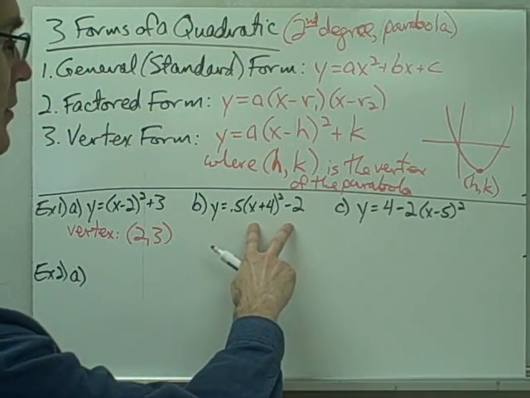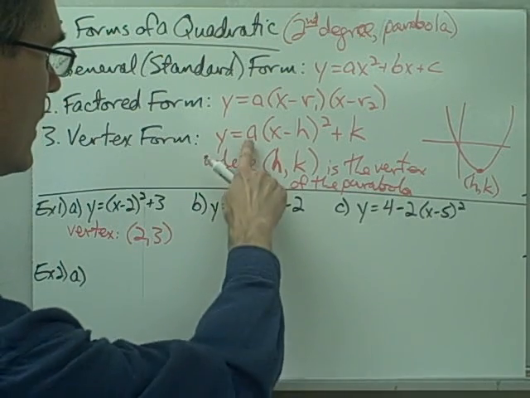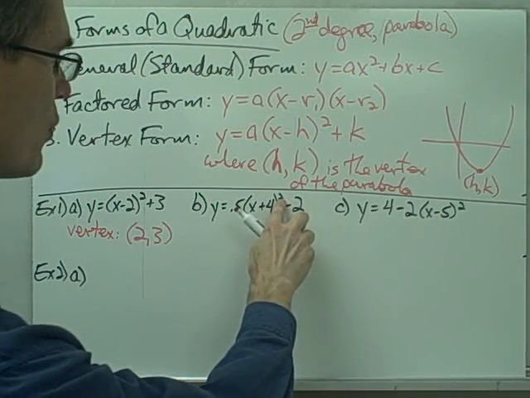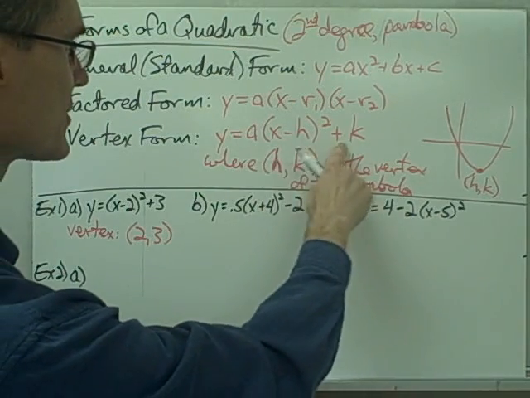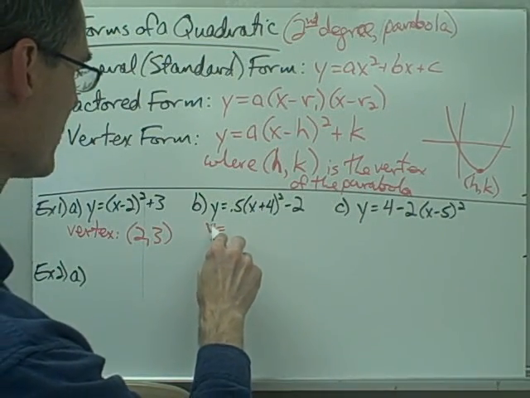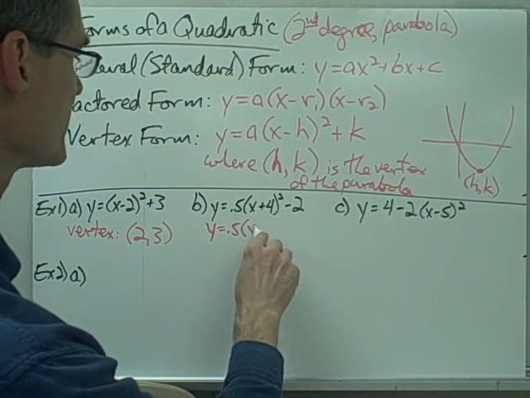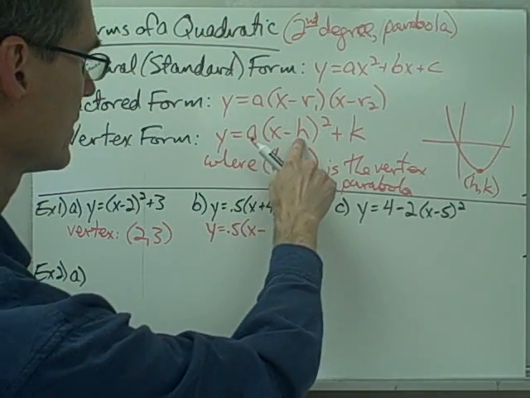This one is a little bit trickier because notice that even though it's in this form, a times this quantity squared, my signs aren't quite right. So in fact, before I write down the vertex, let me rewrite this. Let me change this around just a little bit so that this is x minus a number.